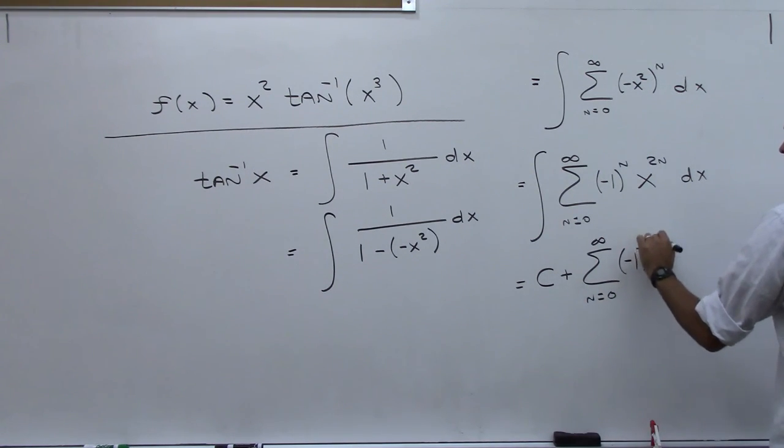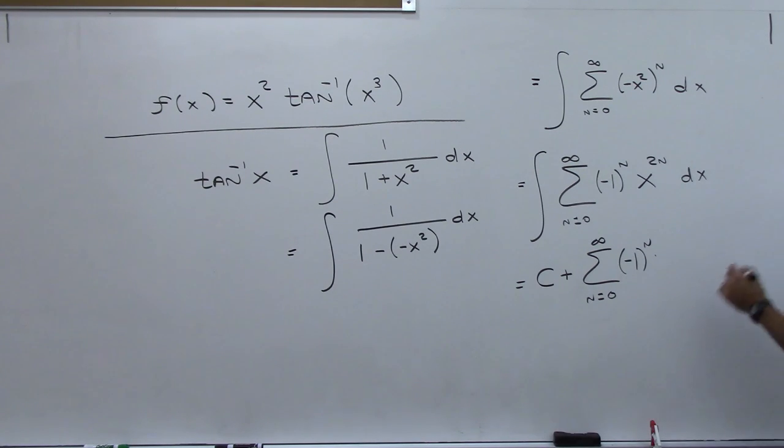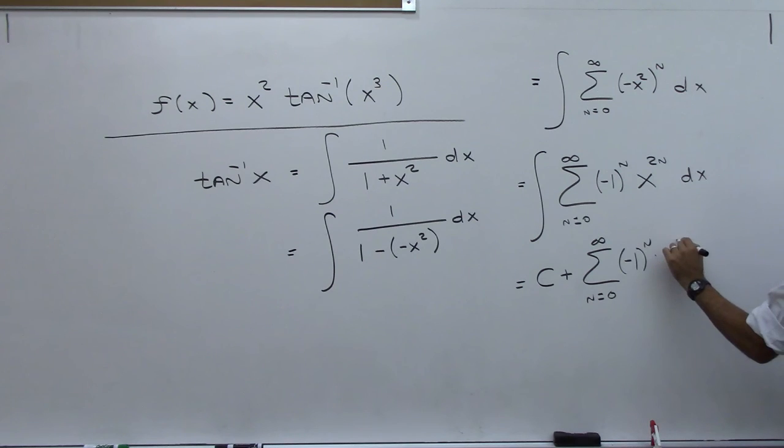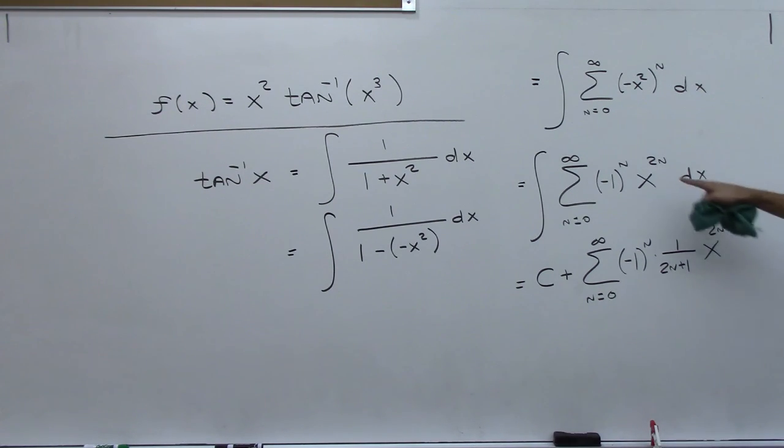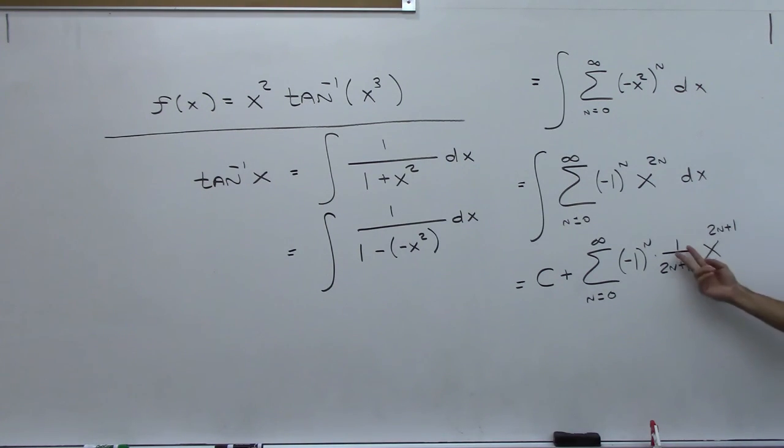Negative 1 to the n doesn't change. But then, be very careful. I have to add 1 to this power and divide through by that, so it's going to be x to the 2n plus 1 over 2n plus 1. Because we have a 2n up here, we have to pay attention: if we took the derivative, the power would come down, that would cancel, we'd reduce the power by 1, and we would get that.